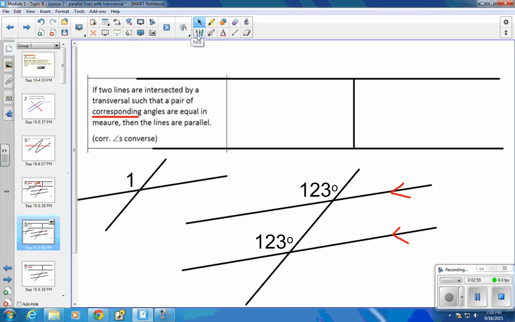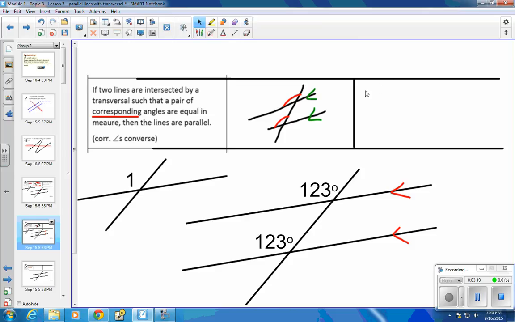And so our picture that you could draw in here would be if you've got your parallel lines and it's being cut by a transversal, and we know that this angle and this angle are the same measure, then our lines have got to be parallel.